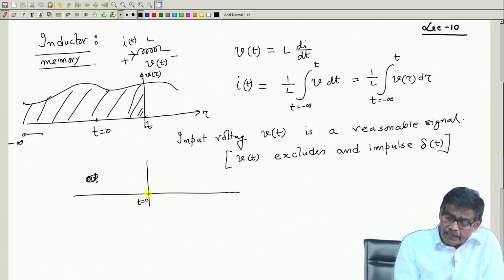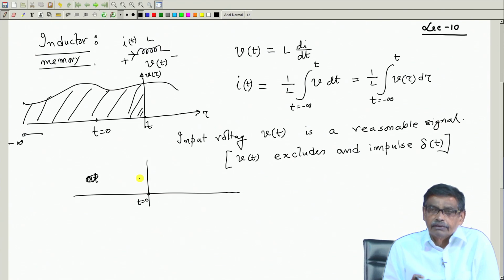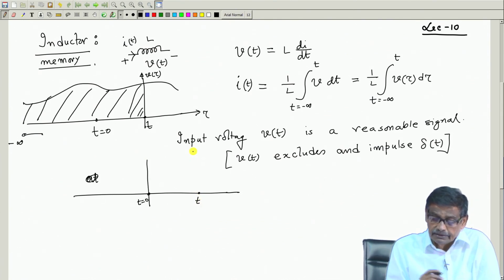At t equal to 0, I am going to apply some voltage across the inductor, and that voltage is known to me, whatever voltage I will apply. I will be interested to know the current at any time t, that is my goal.